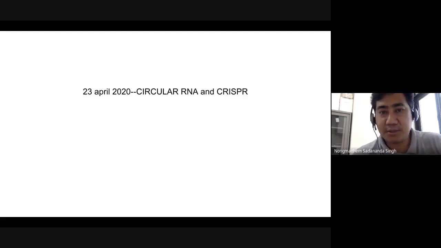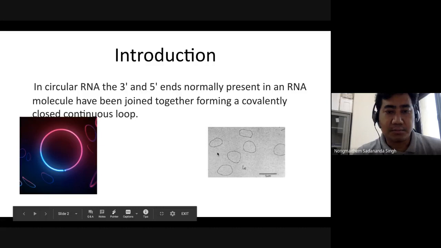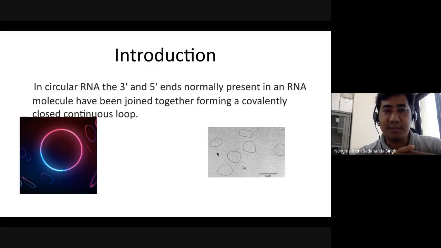Okay, so circular RNAs. We were talking about RNA. Most of the conventional RNAs are linear, but if we look in the natural surroundings, even in human cells or as a genome in viruses, many of the RNAs are circular in nature.